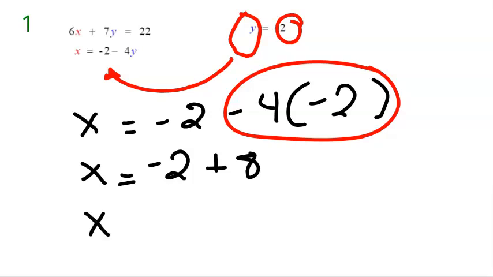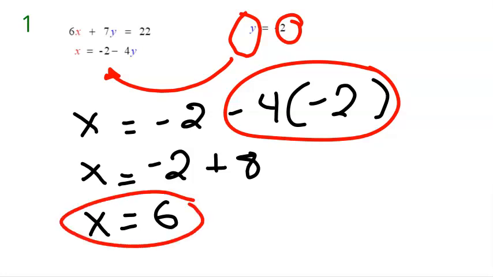So x is 8 minus 2. X is equal to 6. So that's the other part of our answer. So we can just go ahead and move this part of our answer up here. I'll rewrite that x equals 6 up on the top.